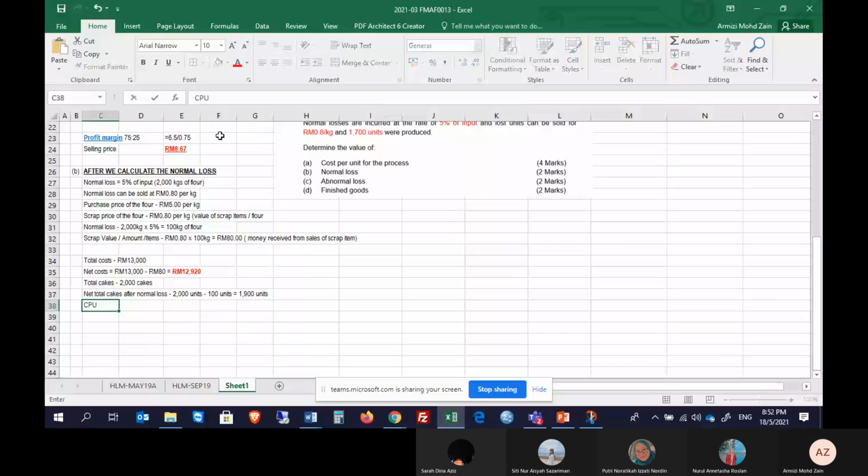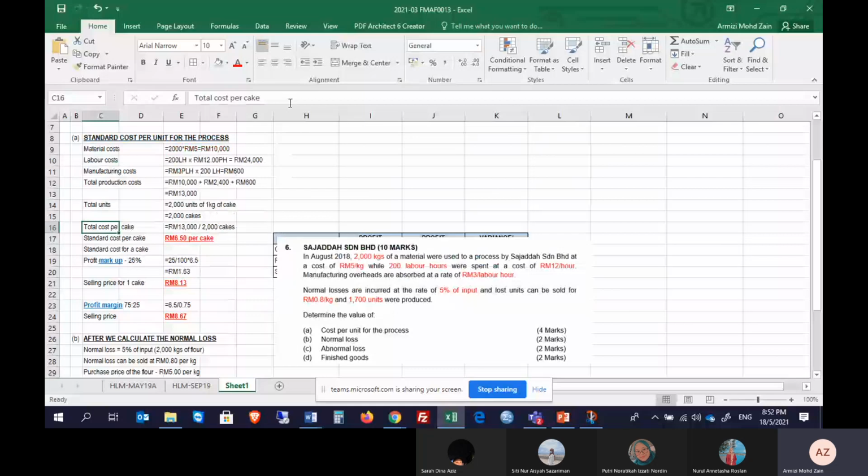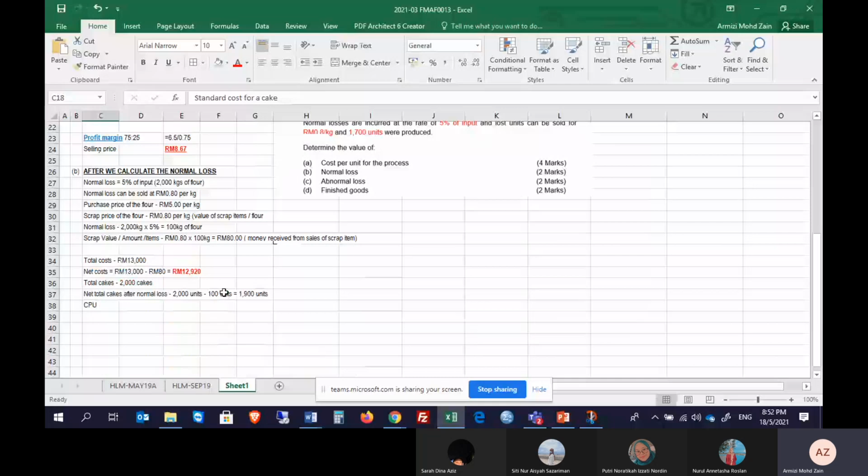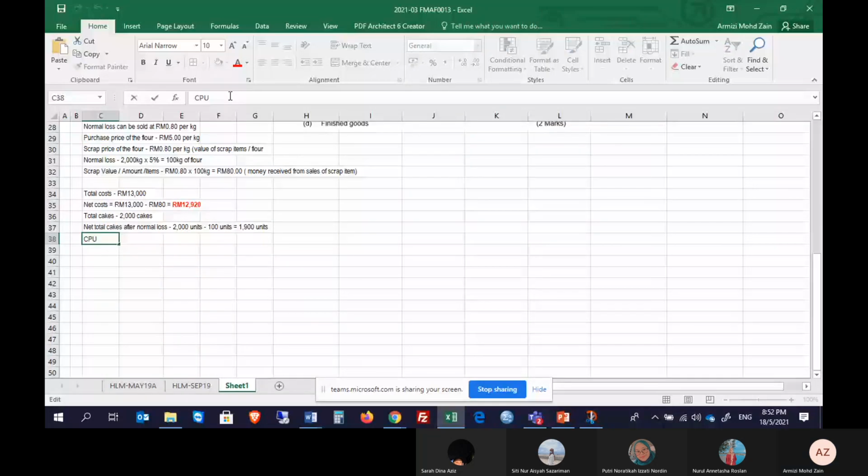CPU dia ialah RM 12,920. You will divide by units.